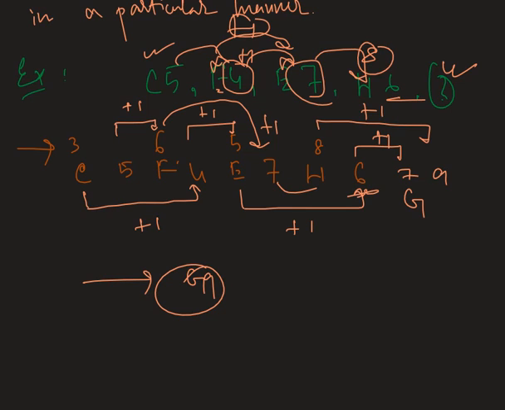Similarly, if we add 1 with 6, we get 7, which is G, our required letter. And if we add 1 with 8, we get 9, which is the required number of our answer. So our required answer is G9.